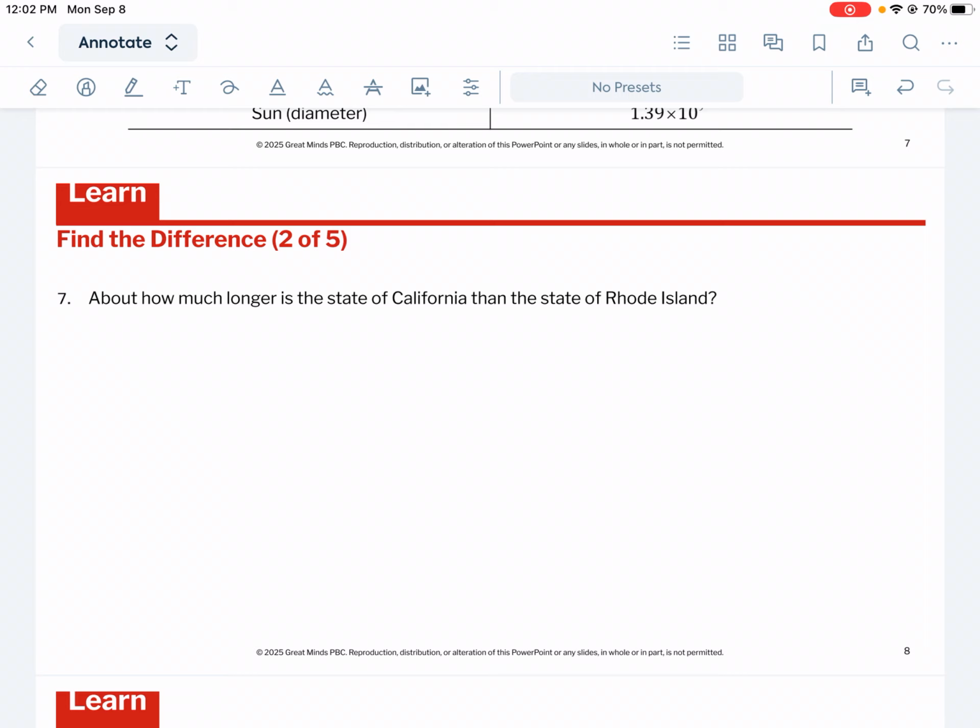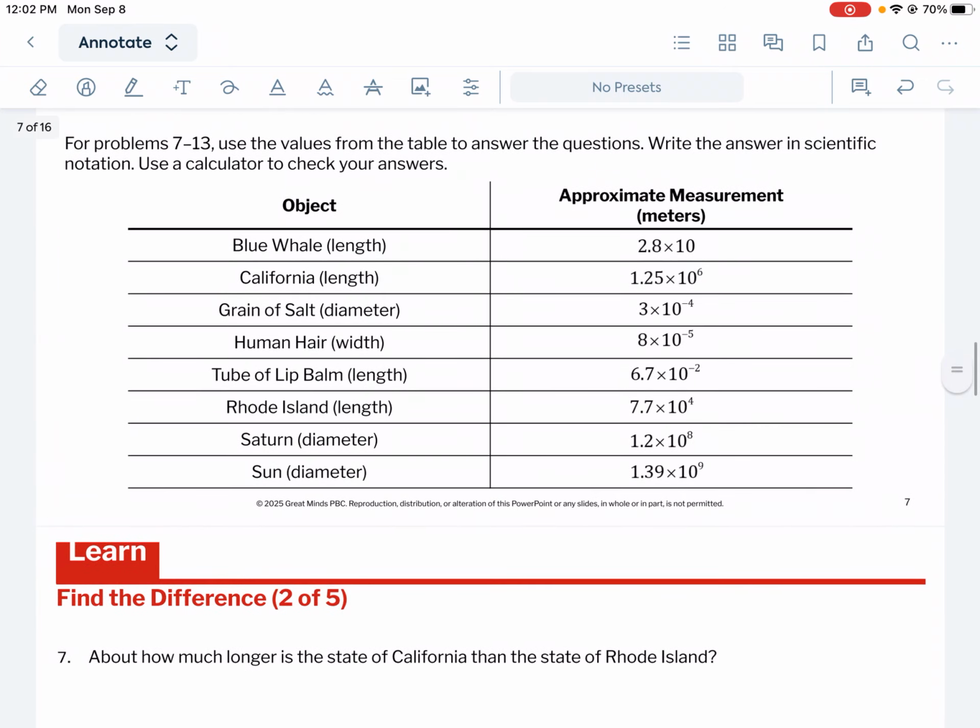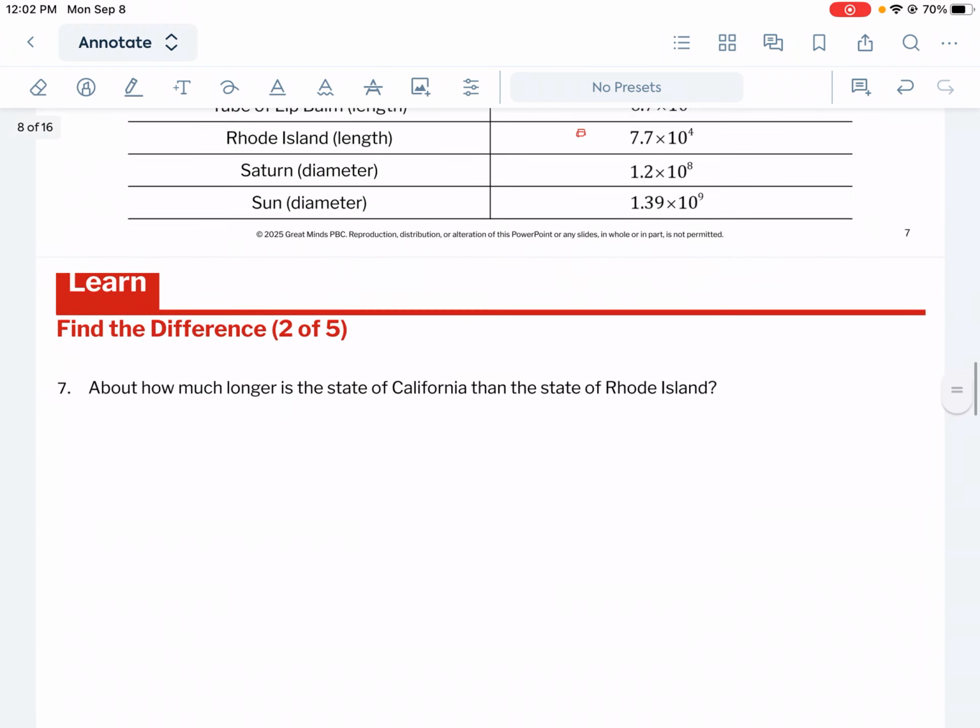For number 7, it says, about how much longer is the state of California than the state of Rhode Island? Okay, so I'm going to just scroll up right quick. The state of California is right here, and the state of Rhode Island is here. Just mark that somewhere so you don't get confused.